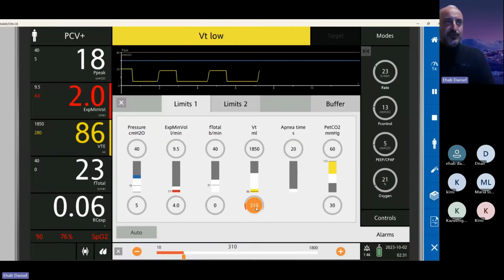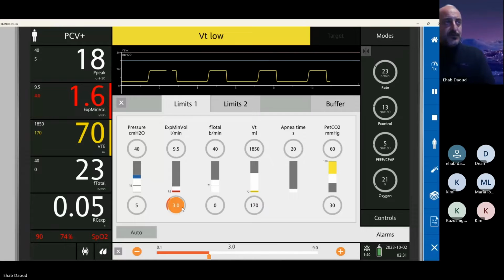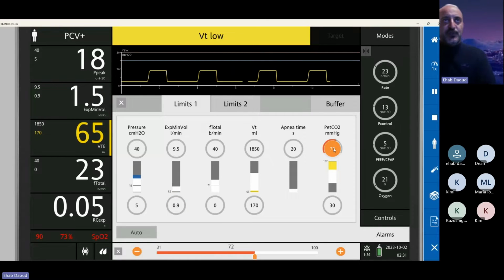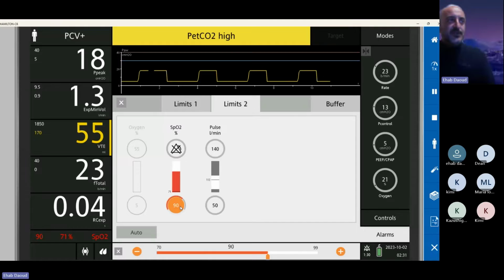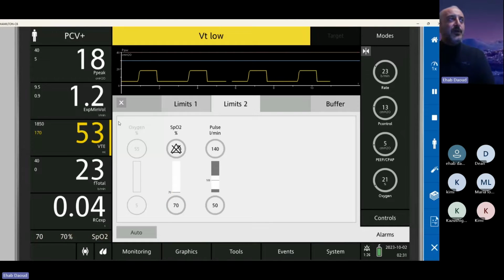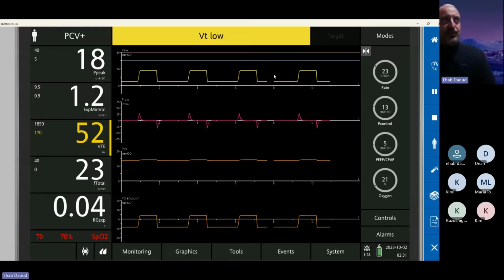We'll increase the volume, we will decrease the volume. Reduce the pressure, and because it also gives us an estimate of the end tidal CO2 and the oxygenation, we don't want it bugging us. We'll set it low. Okay, so now we're in pressure control.